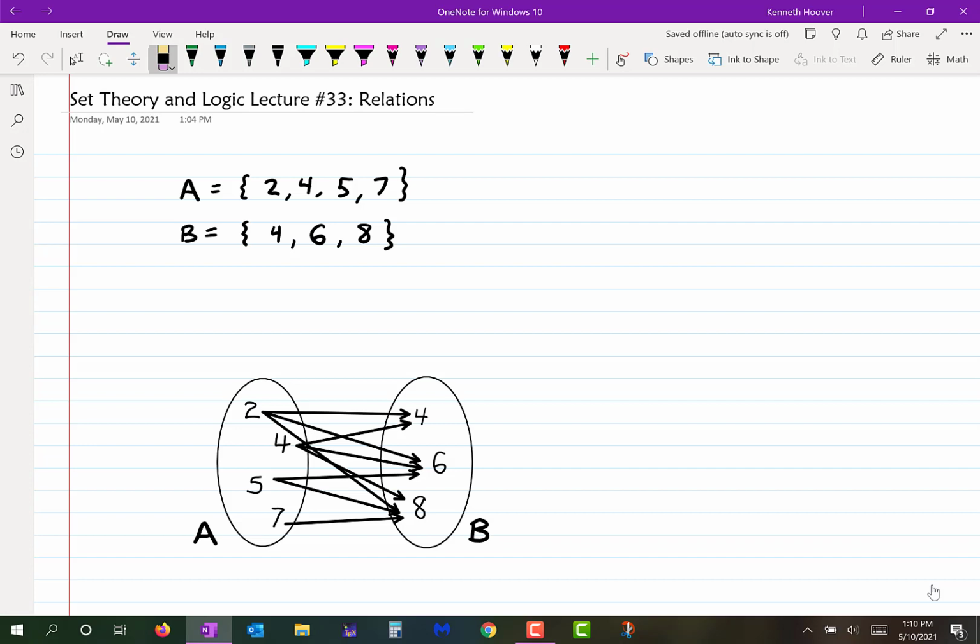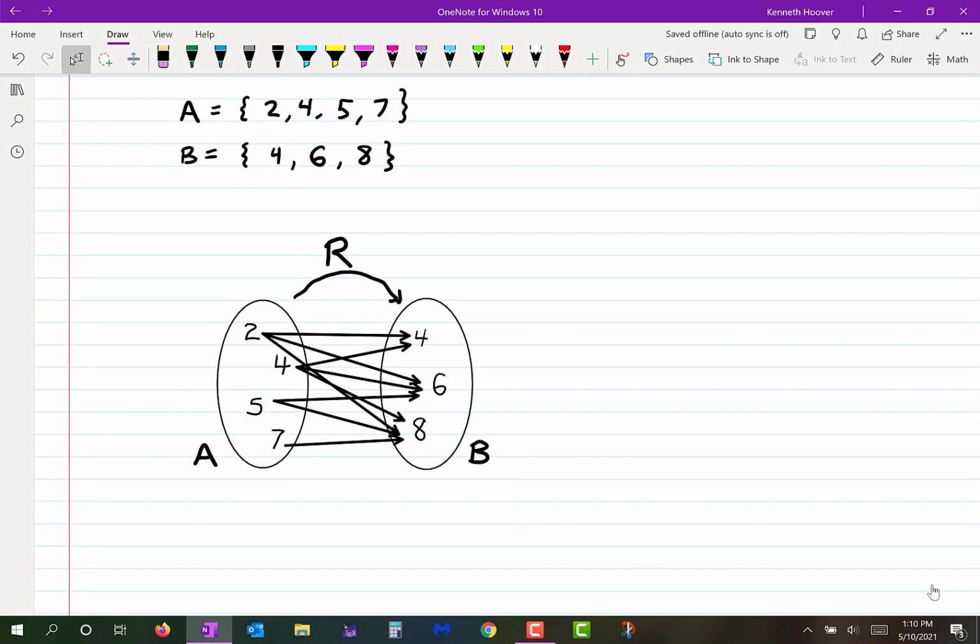Now, I can do this. Let's call the relation R. Okay? Let's just call it R. And I like to draw an arrow like this. Okay, so that's saying this.